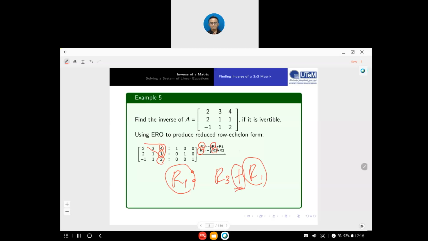You cannot put negative here. It must be positive. You only can change this item. Value that times by R3 only.